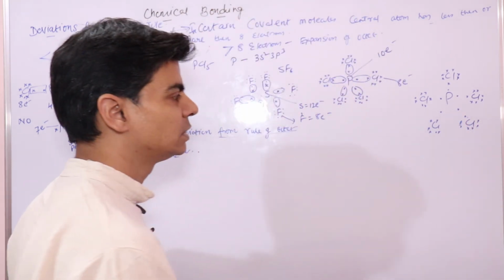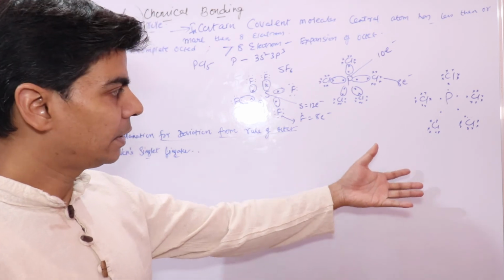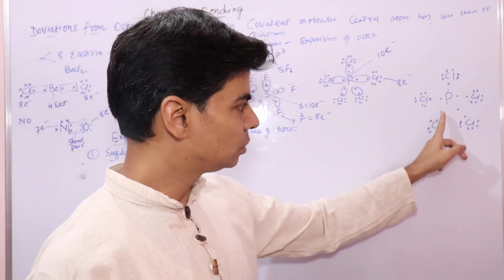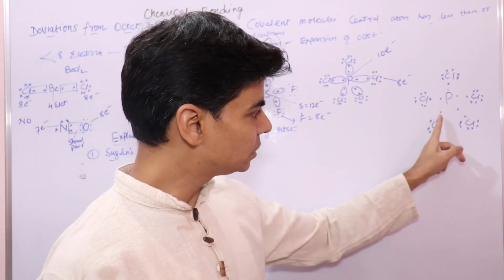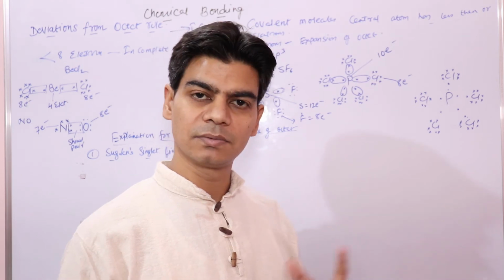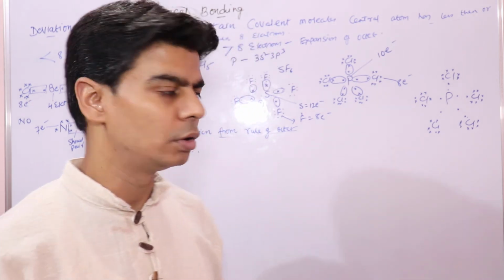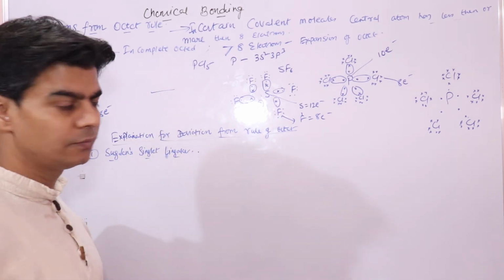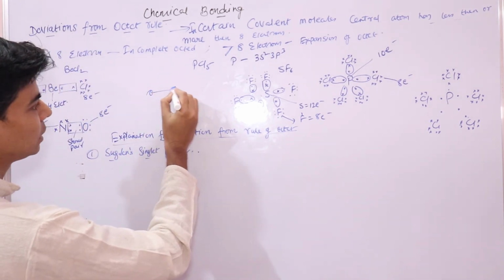So it says it will maintain the octet, and how will this central atom maintain the octet? To some of these chlorine atoms, the phosphorus atom would be linked by singlet linkages. Singlet linkages are 1 electron bonds. Normally a bond, if I draw this line, in the previous video lecture we have seen that this line means 2 electrons.